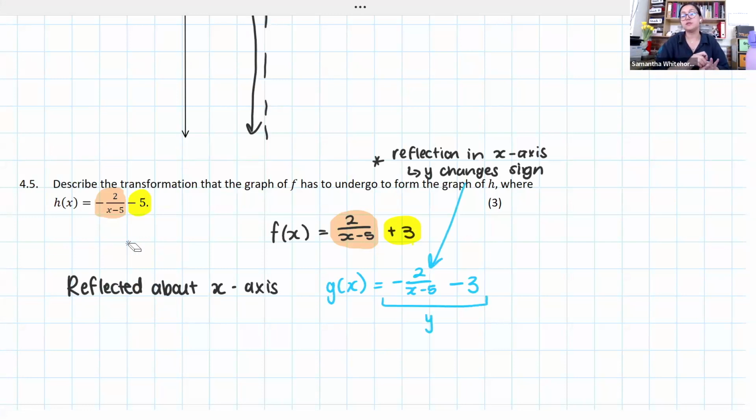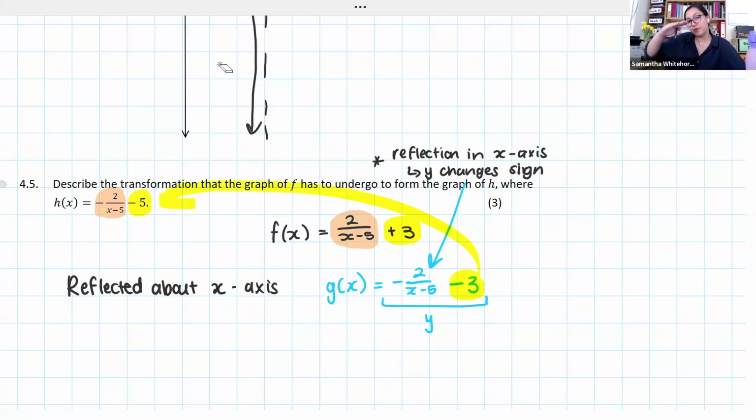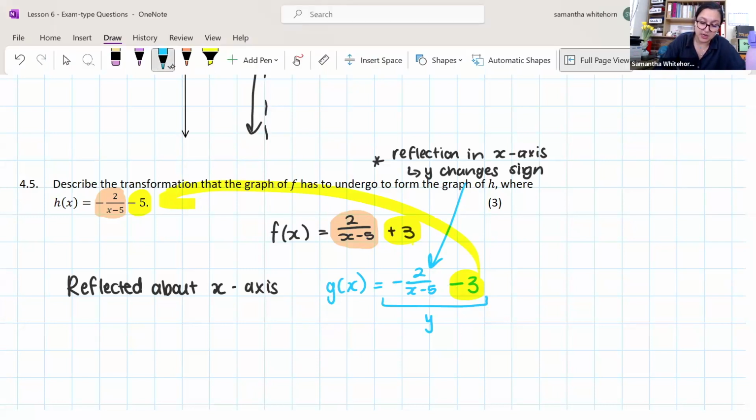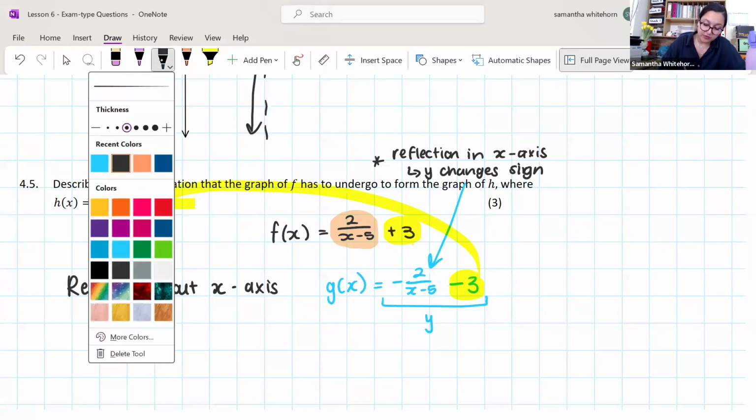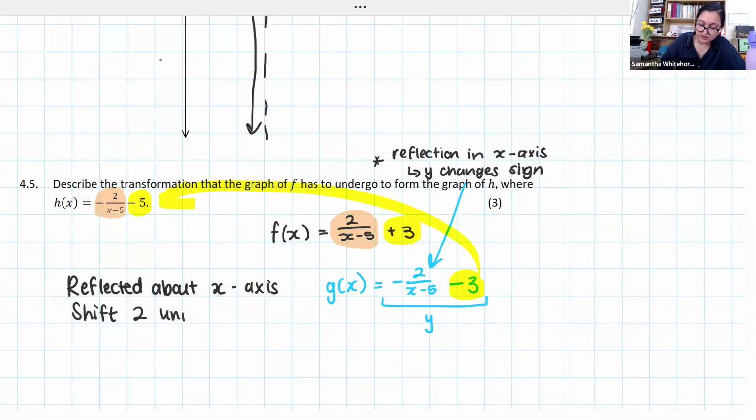So all of my terms in my y must change sign. I still now need to get from negative 3 to negative 5. If I'm already at negative 3 and I'm going to negative 5, that is a shift 2 units down. So not only did it reflect about the x-axis, it also shifted 2 units down.